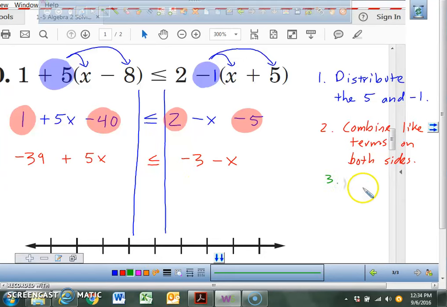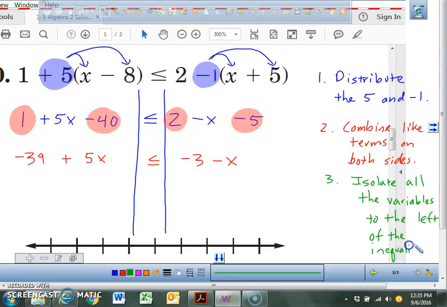Now we have to make a decision. We can either move all the constants to one side or all the variables to the other side. So what I'd like to do is isolate all the variables to the left-hand side of the inequality.